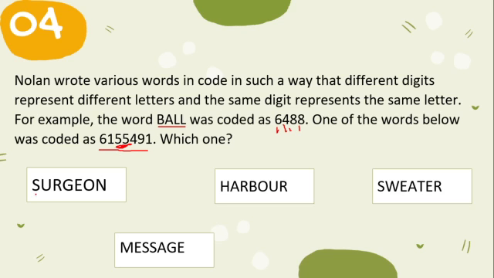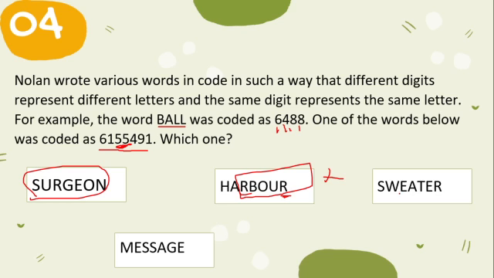Now coming to the options, surgeon. Here there are no repeated letters. In harbor we have repeated letters, but they are not placed back to back, so this is also not our option.